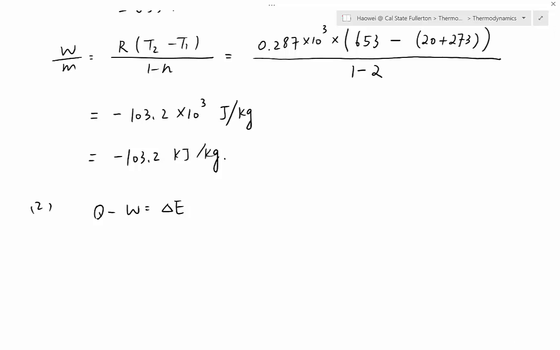And just like before, delta E has three components, delta KE, delta PE, and delta U. And then just like before, we can neglect delta KE and delta PE. We can neglect delta KE because the initial and final velocities are both zero. We can neglect delta PE because there's no change in height.